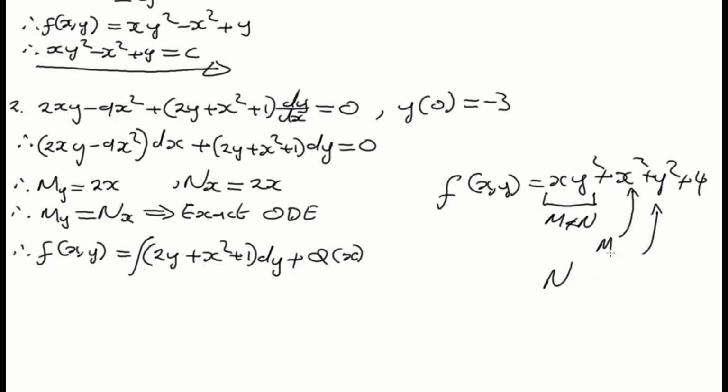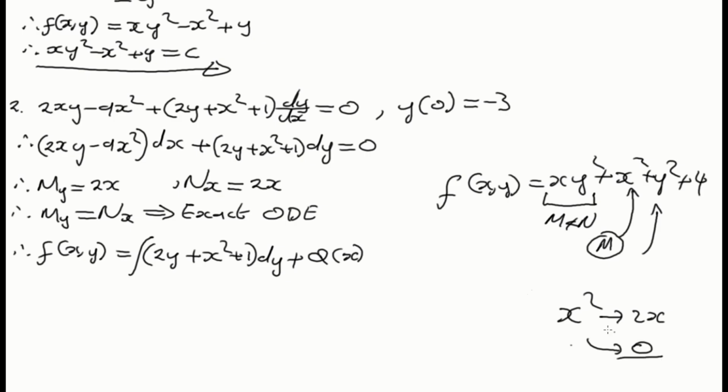We can only recover x only terms from integrating the M function. For x squared, when developing M, this will be 2x, but when developing the N function, this will be 0.